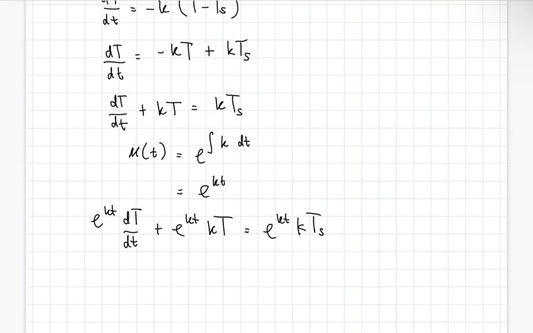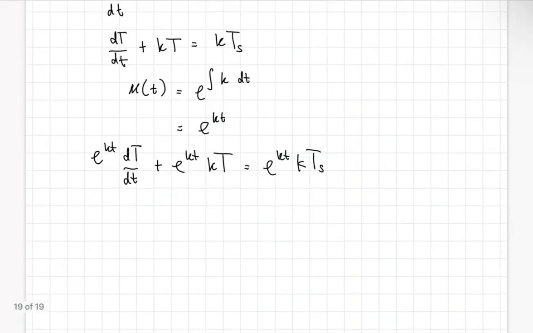The left hand side you can simplify as d over dt of mu t times T, where mu t is e to the kt and the dependent variable is capital T, temperature, while the right hand side is just the same, e to the kt times k times Ts.